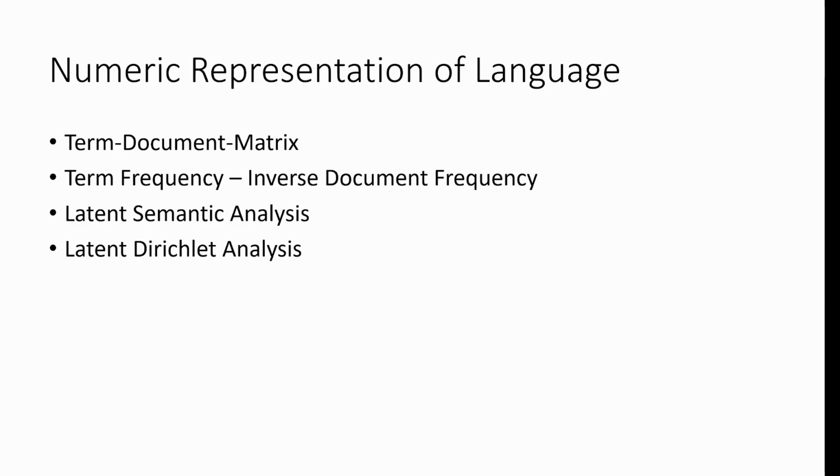So here are a list of some of the numeric representations of text or language, and we can see how they also evolve in terms of complexity. So term document matrix or document term matrix is a mathematical matrix that describes the frequency of terms that occur in each document.